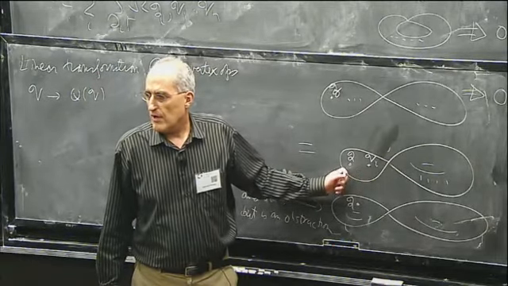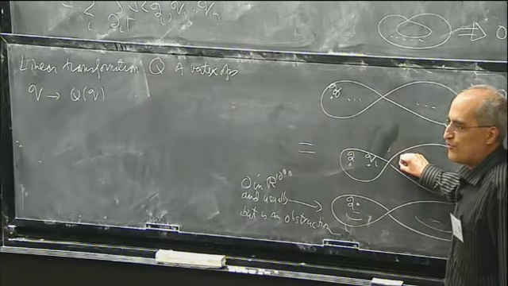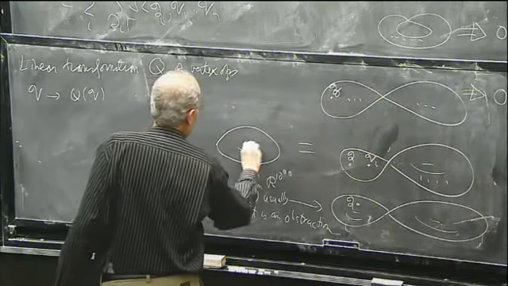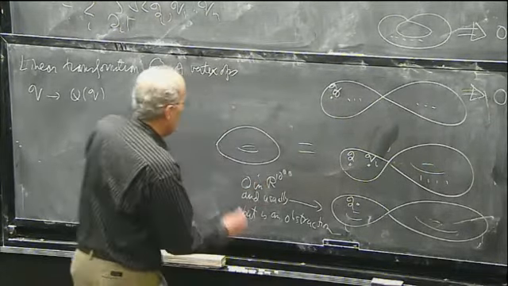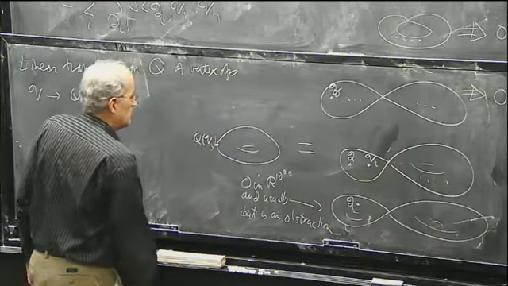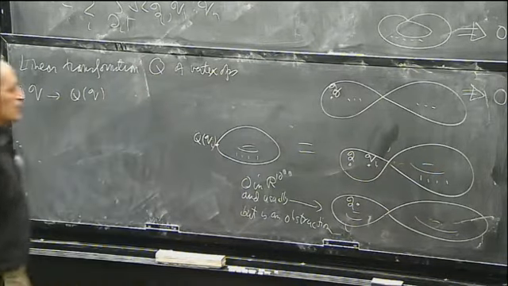And then there's one more puncture on this side, which is labeled by Q of V_i. So I draw the same picture again, but without the component on the left. And here I put Q of V_i. And whatever other vertex operators were there are still there.